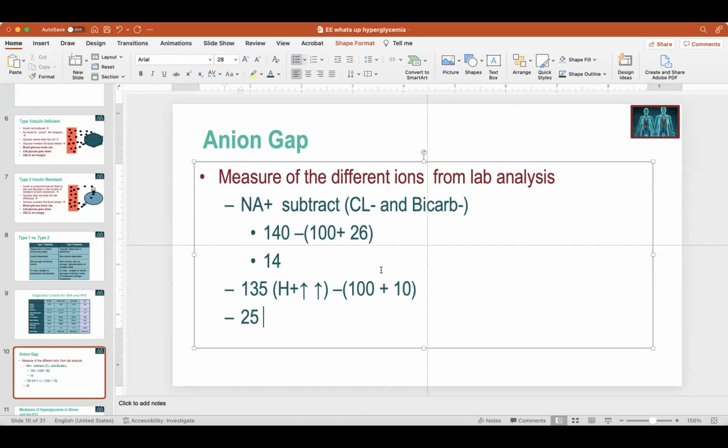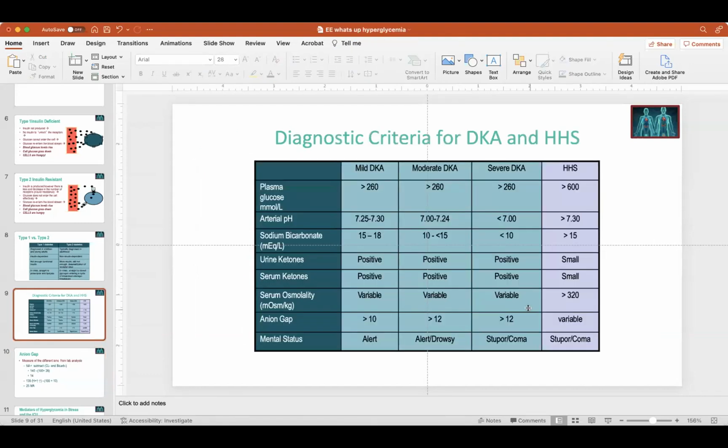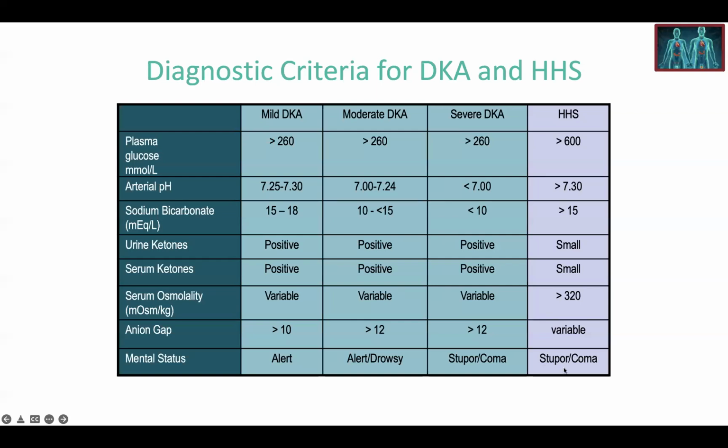So whenever you have a gap greater than 20, it typically means that you have metabolic acidosis. So we're going to use our gap in all of our patients that we are trying to evaluate for DKA. We're always going to use the gap to help us appreciate whether or not that patient has metabolic acidosis.